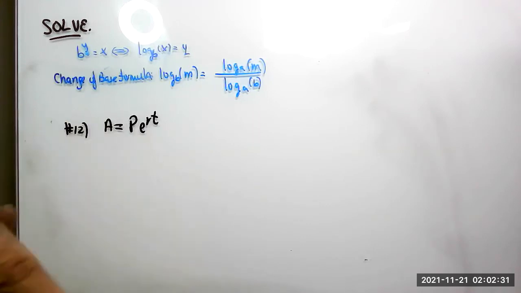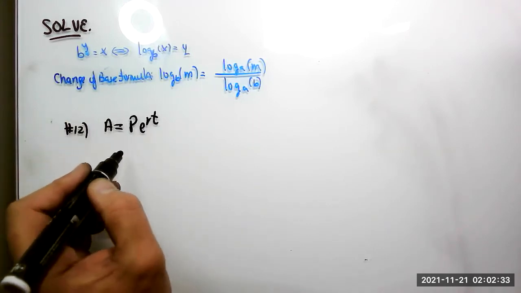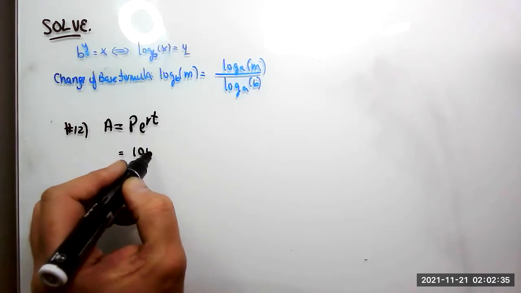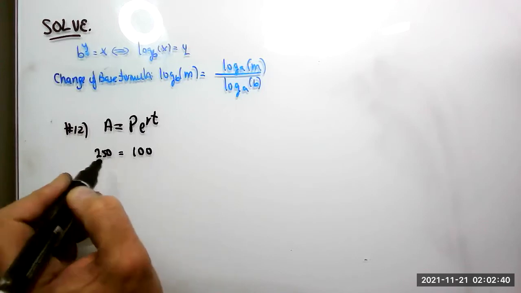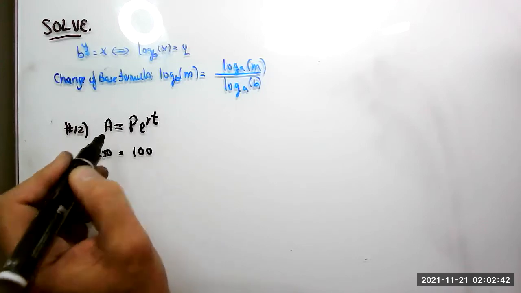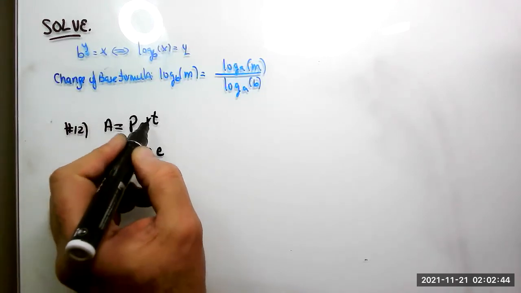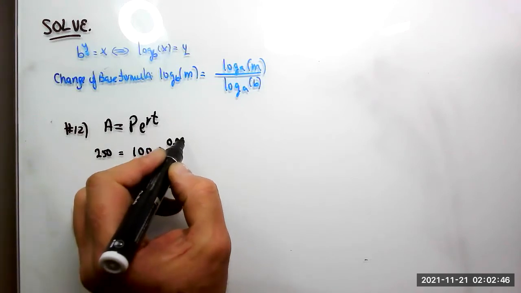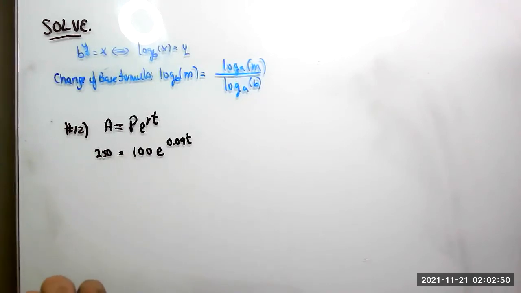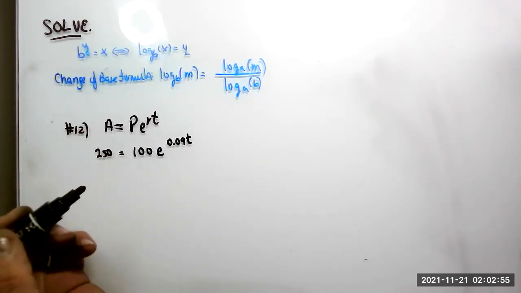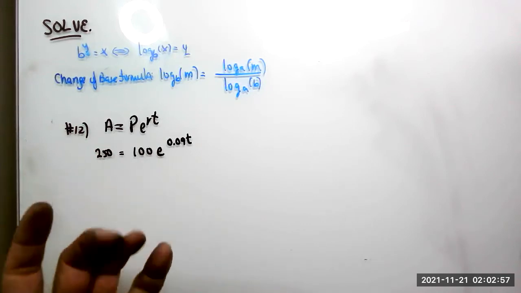So let's see, we want to take our $100 and grow it to 250, from present value to future value, e to what rate? 0.09 t. How much is t? So we are solving for t, for time. Okay, so this is just like example number 11. It's just written the other way around.